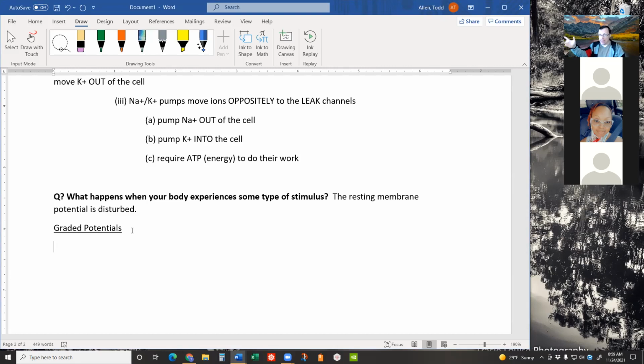That's going to create graded potentials in the nerve fibers embedded in the dermal layer of your skin.